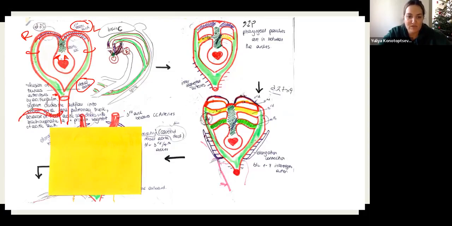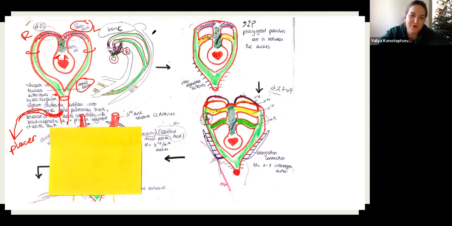And these umbilical arteries are going to the placenta. So the kind of blood that they carry is technically venous, because they are going to the placenta to drop the toxins, to remove the carbon dioxide, and so on. So branches of the single dorsal aorta are going to be your umbilical arteries.